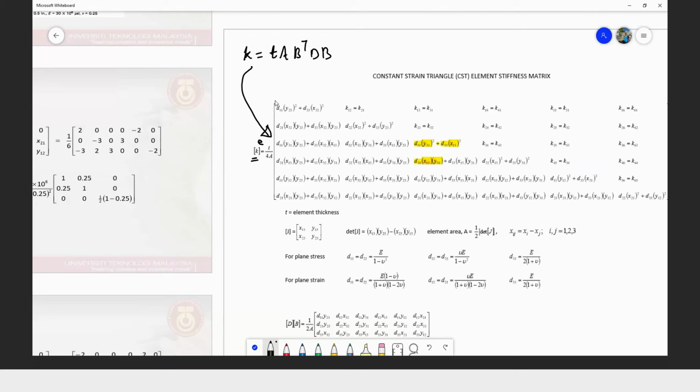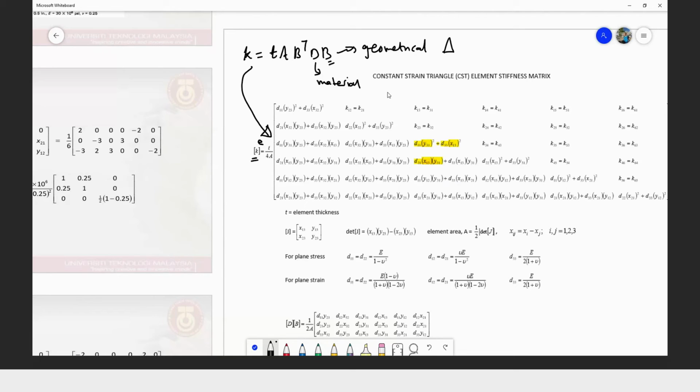We know that the B matrix, the strain displacement matrix, only contains geometrical information of your triangles or CST, and D is your material matrix.